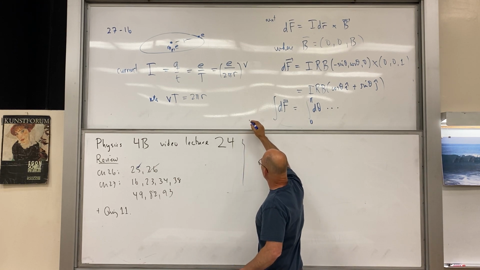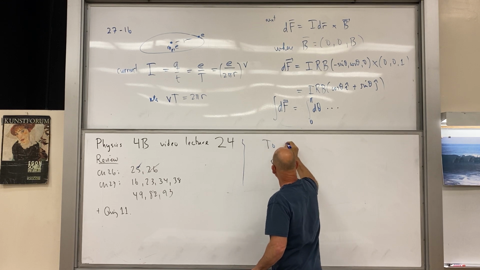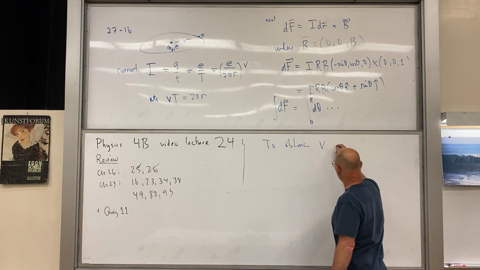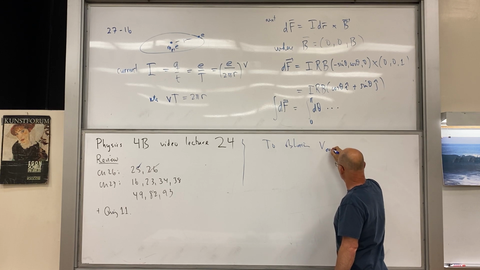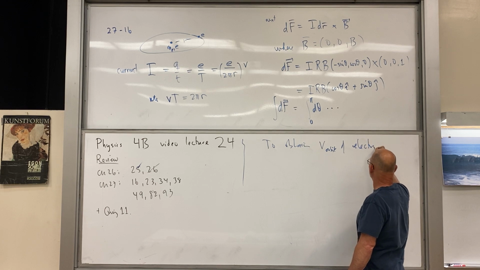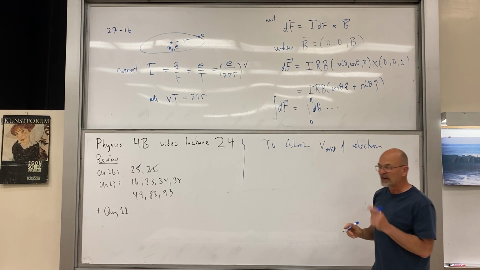So continuing this problem here, to obtain V, the orbital speed of the electron, we use centripetal force.